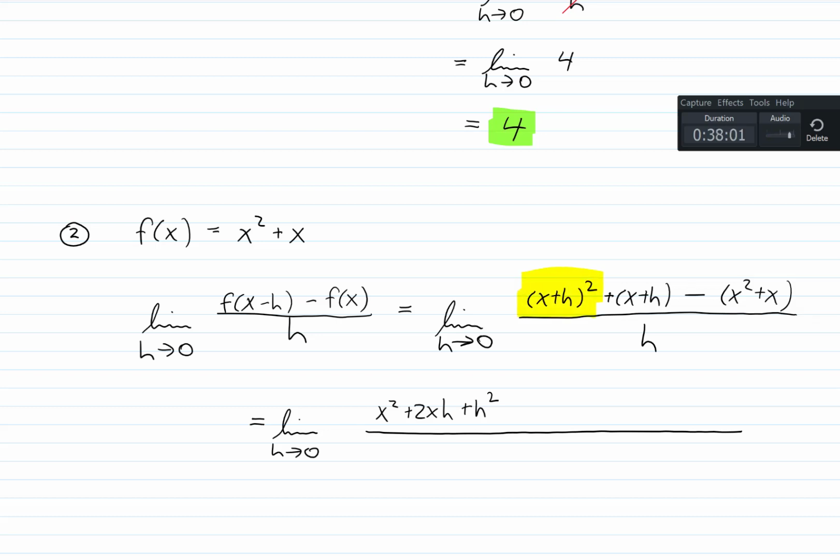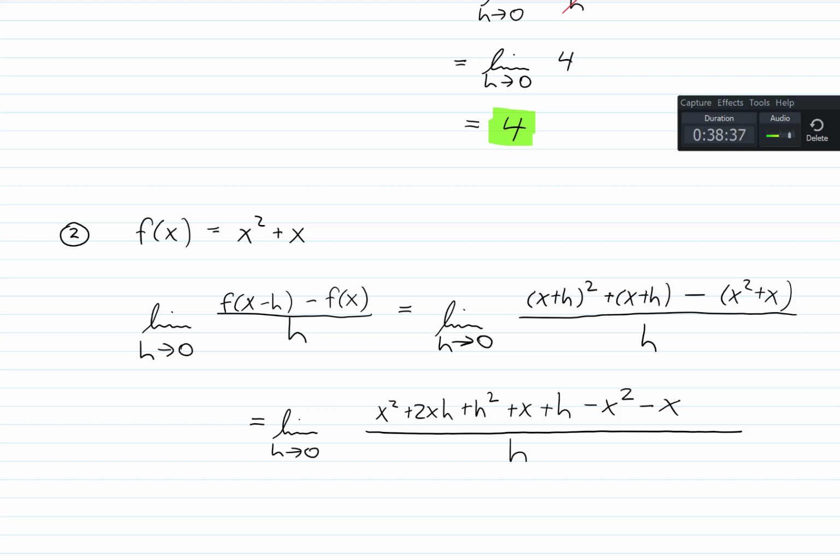That's this right here, correct? And then there's a plus x plus h, so I'll write plus x plus h. And then there's a minus x squared plus x, so that'll give us minus x squared minus x, and then there's an h on the bottom.